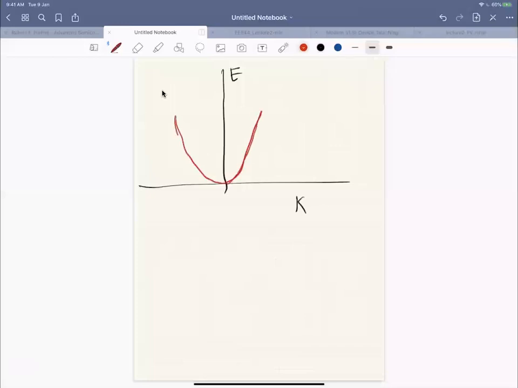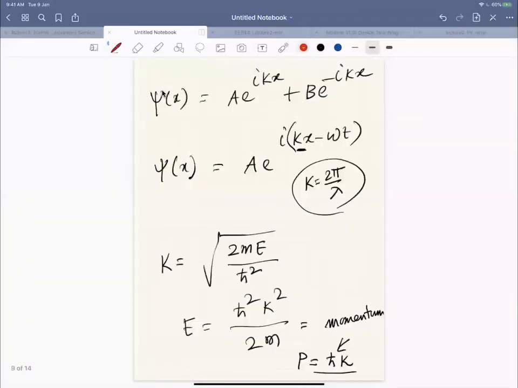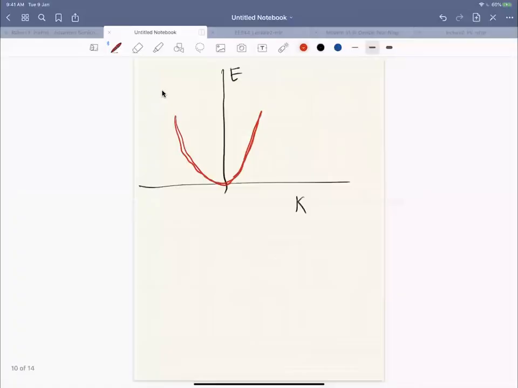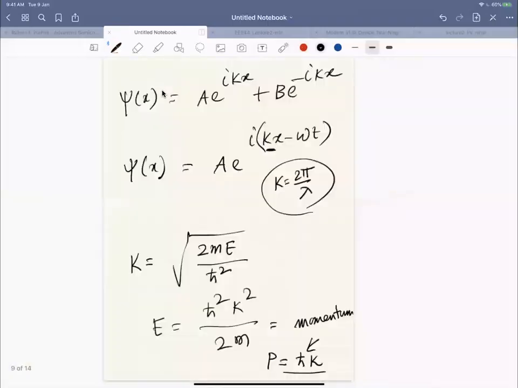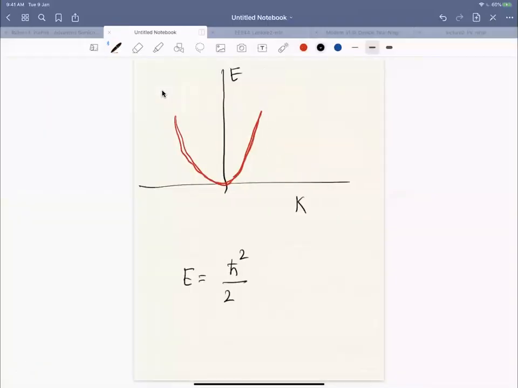So E equals h bar square k square by 2m, where m is the mass of the particle and h bar is the Planck's constant.